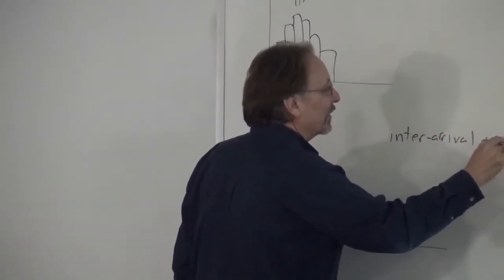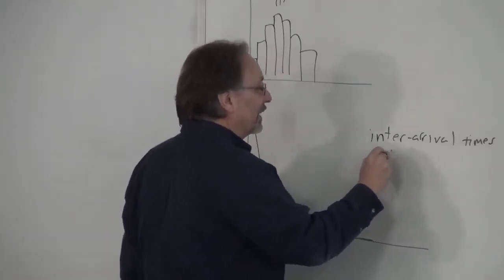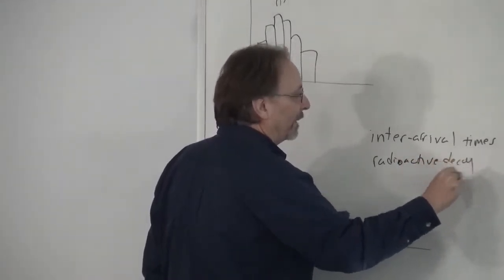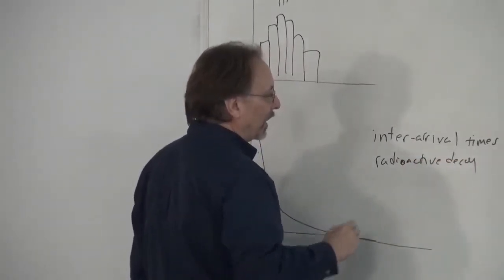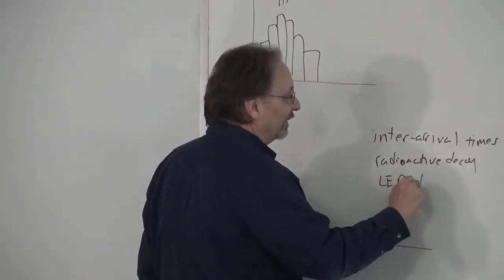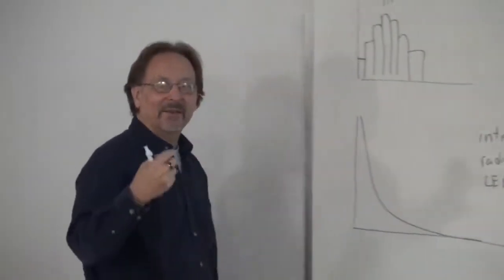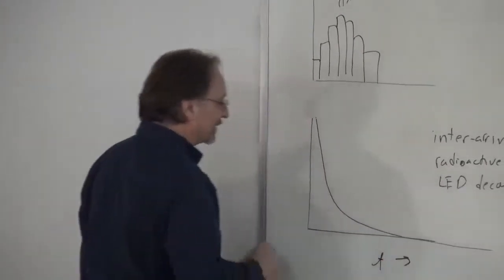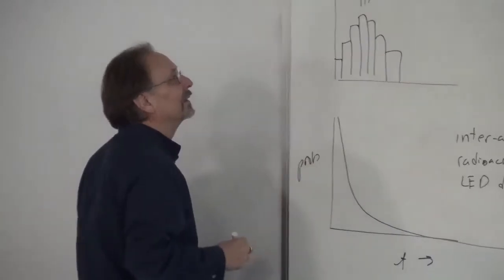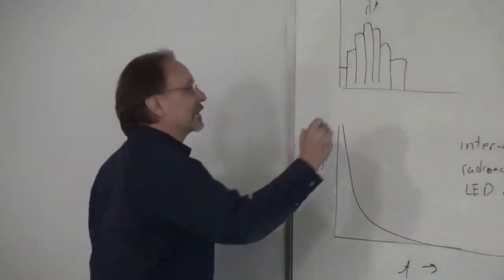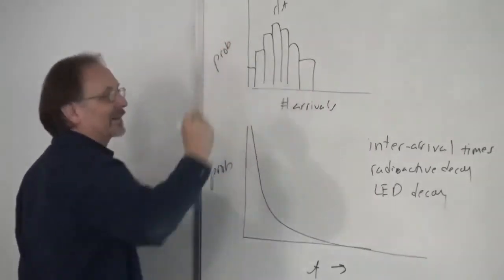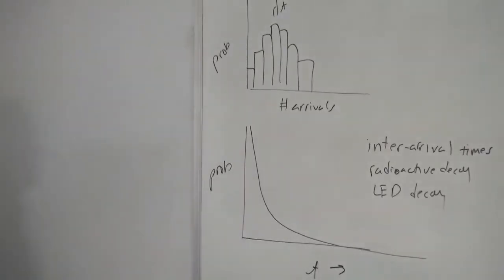It can be radioactive decay. It can be LED decay. As you know, when you turn off an LED, it kind of fades out. This is the way it behaves in the exponential distribution. And it's continuous because time is on this axis and probability is on this axis. Here, it's the number of arrivals on this axis and probability on this axis. So it's something different.